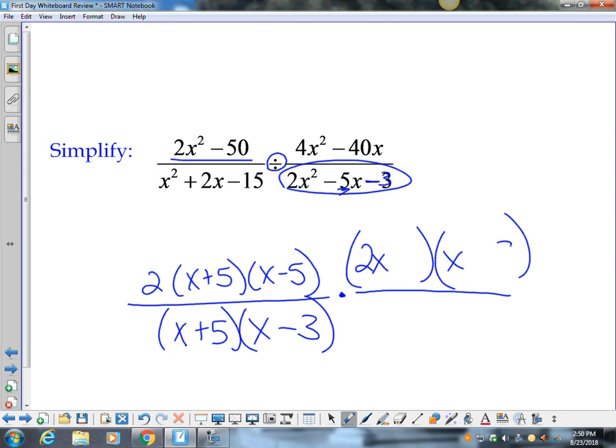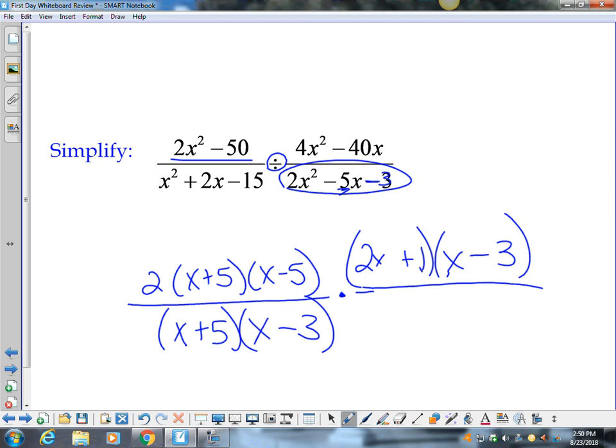So I'm going to go 3 and 1 because that's going to give me a 1x and a 6x. And I want him to be negative to give me the negative 5. There we go. So now that gives me a negative 5 in the middle and a negative 3 in the back.